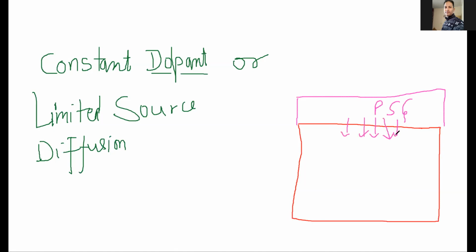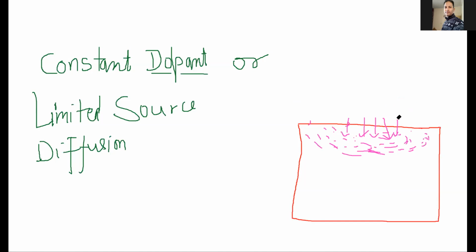Phosphorus is present like this. So we have allowed phosphorus to enter the substrate, but next we remove the phosphorosilica glass, the dopant source, from the top.